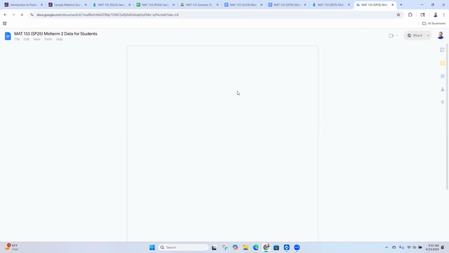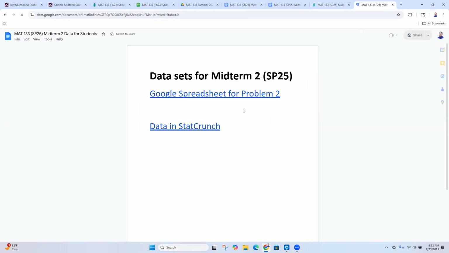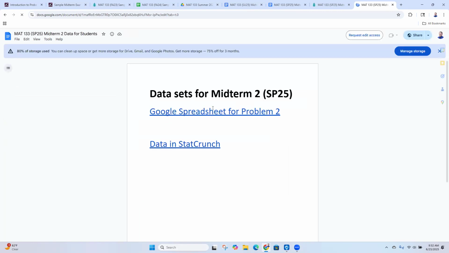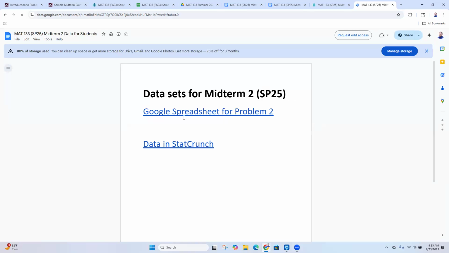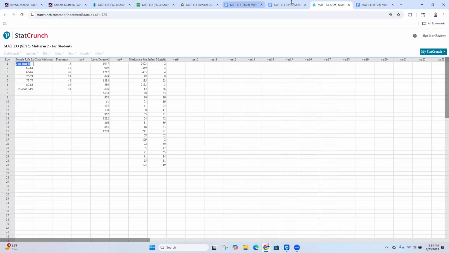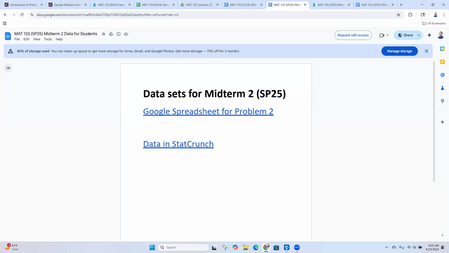It'll bring you to a page that might take 10 seconds to load. It might say this is bit.ly, but it'll bring you here, where you can click on these two links that take you to StatCrunch as well as to the Google spreadsheet.